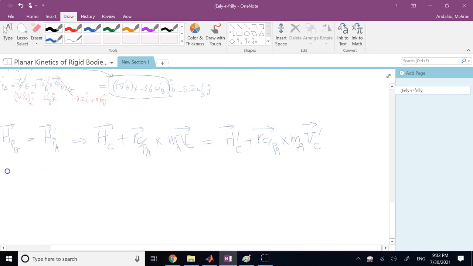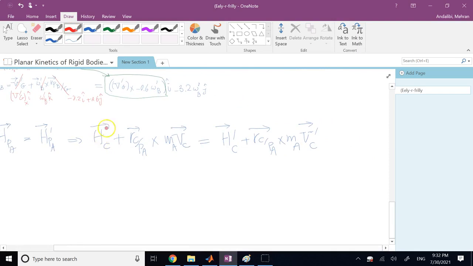Okay. And what is H about C? If you remember from my dynamics lectures, H about C can be written as I about C times omega. And this one too, you can write it as I of C times omega prime A. R of C with respect to P, we had it, if you remember.